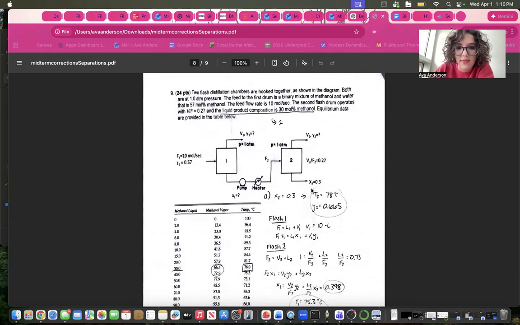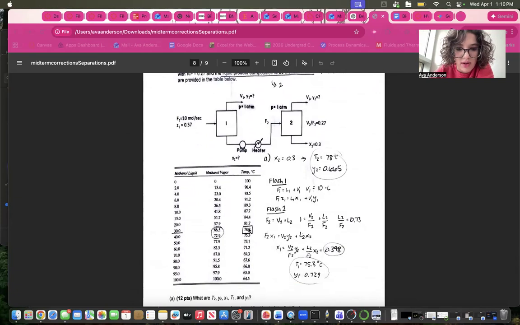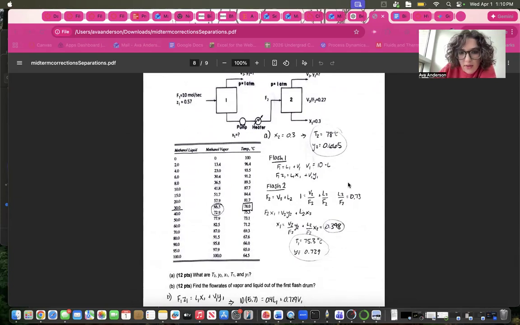And then for 9, we're going to find T2 and Y2 first because we have the liquid product composition is 3% methanol, which you can just pull off here, and you can just pull those straight off the table. And then you have to look for some material balances to get the other one. But for the flashing one, F1 equals L1 plus V1, and then so V1 equals 10 minus L1. And then you also have this equation, and you also can pull from the equation sheet.